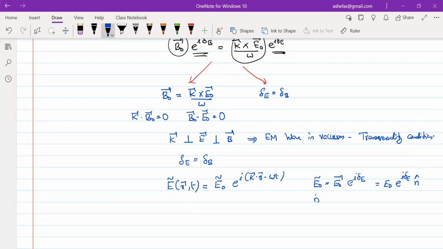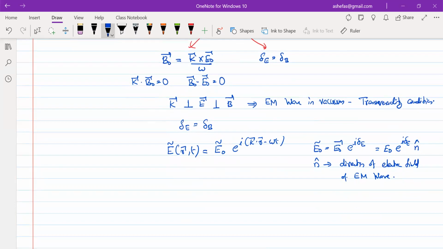So this unit vector n gives the direction of the electric field of the electromagnetic wave, and that is known as the direction of polarization of the electromagnetic wave.